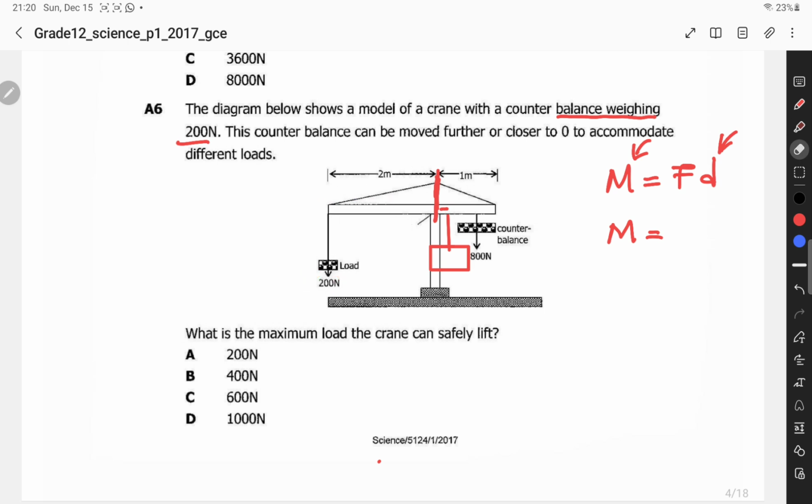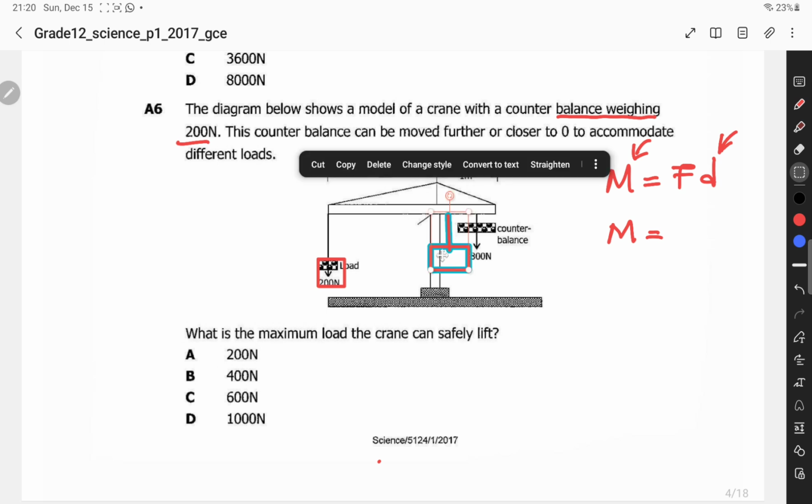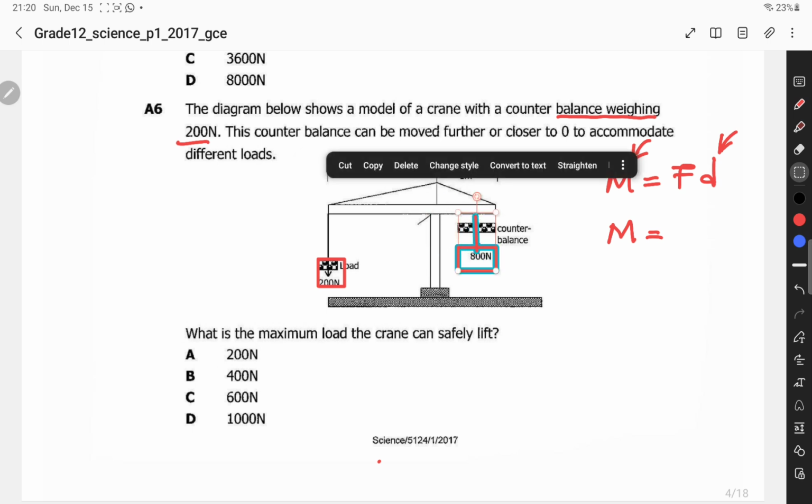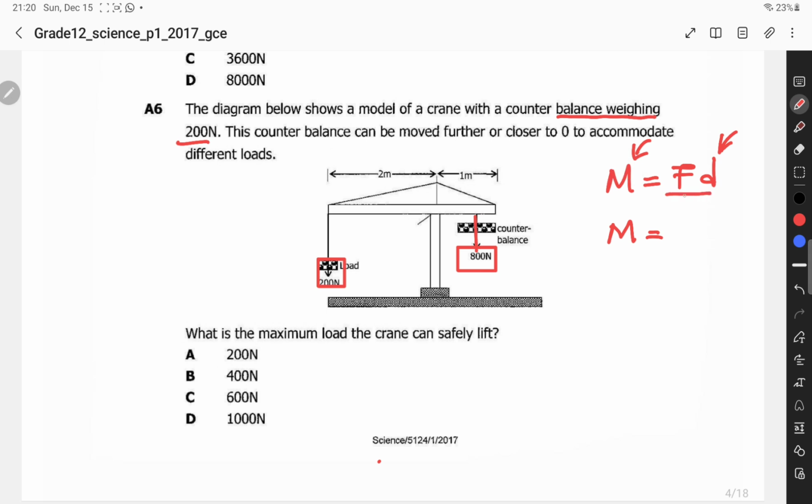But if the load to be supported this side was bigger, the counterbalance would have to be moved further from the pivot, increasing the distance from the pivot to the counterbalance, so that the moment will be more.